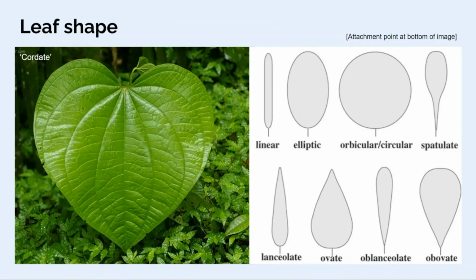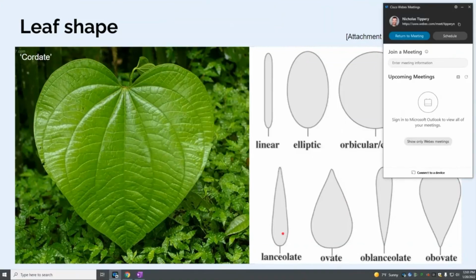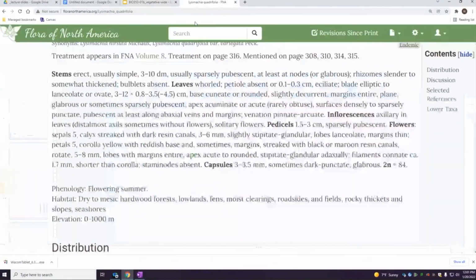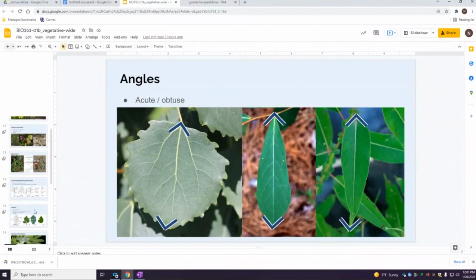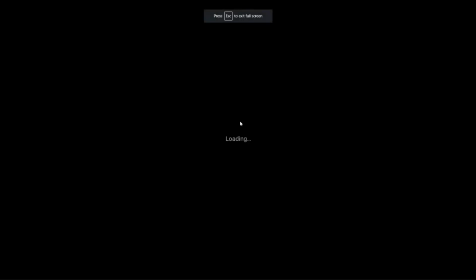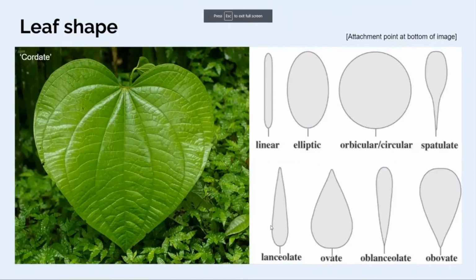And a lot of times you'll see, as in that description, kind of a range of values, just in case somebody's got a different idea, or maybe there's some variation within the species. Elliptic to lanceolate or ovate. So they're covering lots of bases there with the variation that might exist in that species. So elliptic to ovate to lanceolate.